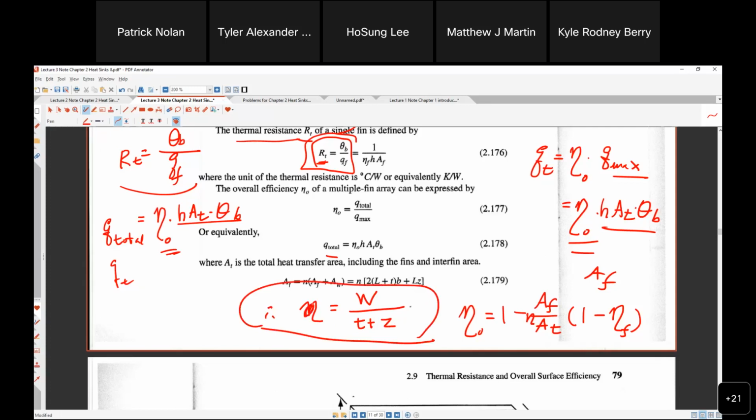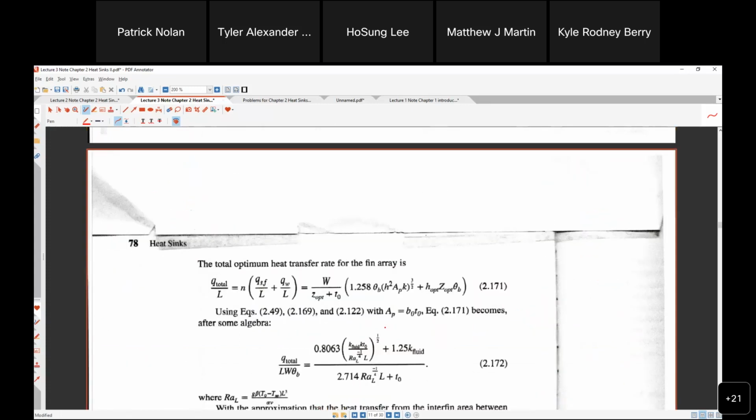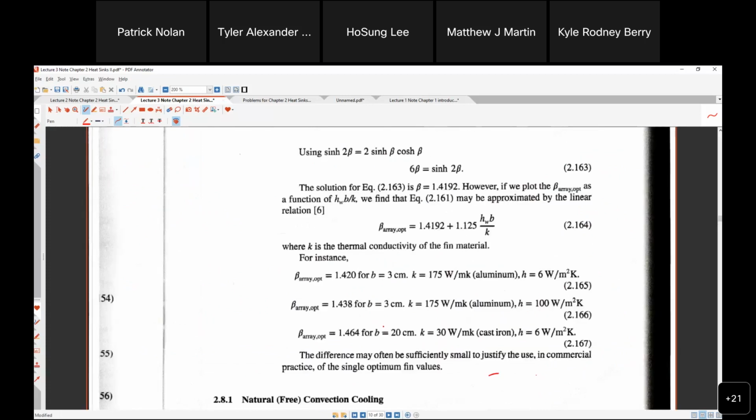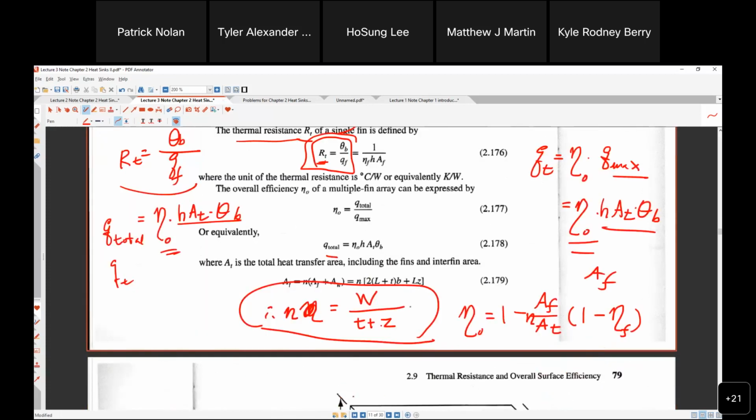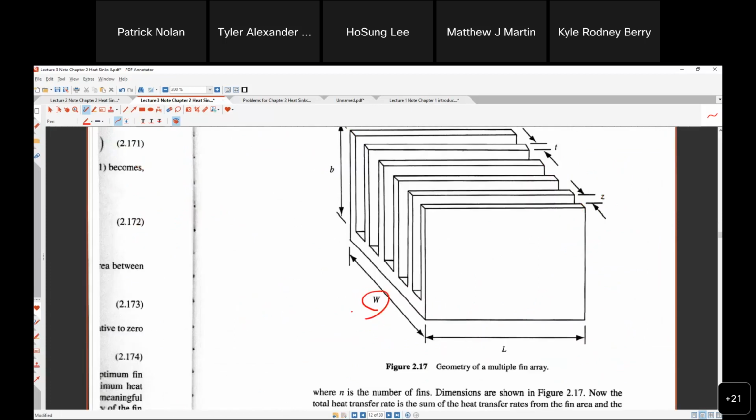Number N, not the eta, N. Number of fin is W divided by T plus G. Do you understand? Yes. Look at that. W is a width, divided by T and G. That gives you N. Okay.